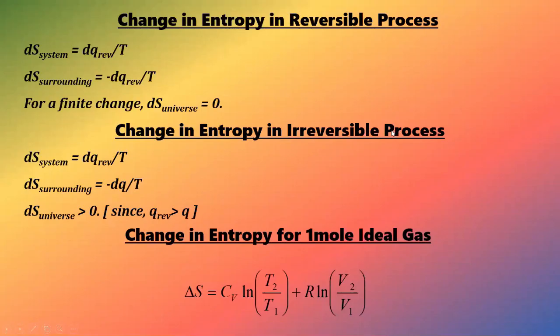So now what we are having: change in entropy in reversible process, change in entropy in irreversible process, and change in entropy for 1 mole of an ideal gas. Okay, so let us start from the first one, change in entropy for a reversible process. Now you people tell me, what is a reversible process? From our prerequisite knowledge, tell me what is a reversible process.